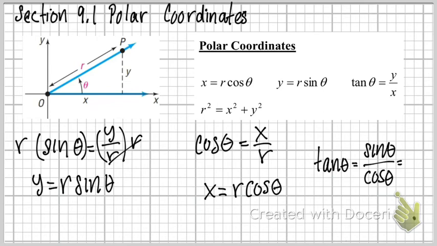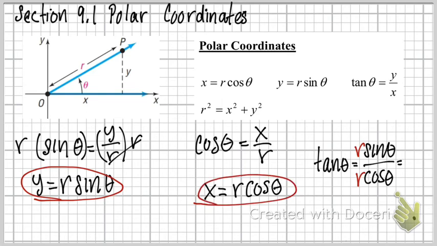That's just multiplying it by an ugly 1. Then if I think of r sine theta on top and r cos theta on the bottom, just think about what we had previously. I know y equals r sine theta, and I know x equals r cos theta. So this would end up being y over x, and that's what we see here for this third one. In essence, we use the first two to get the last two.